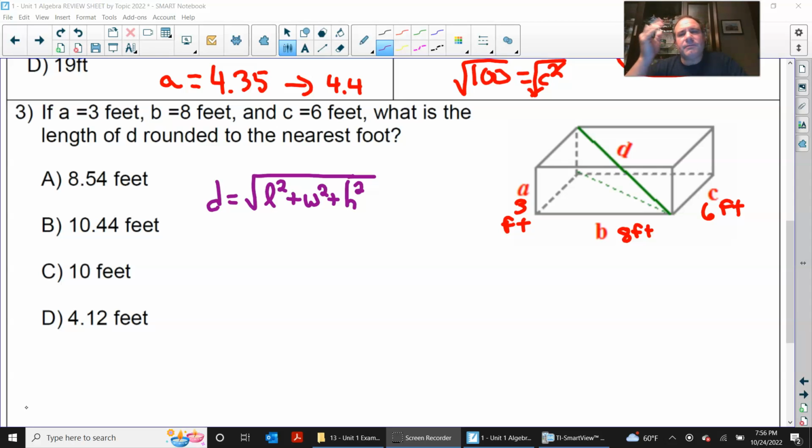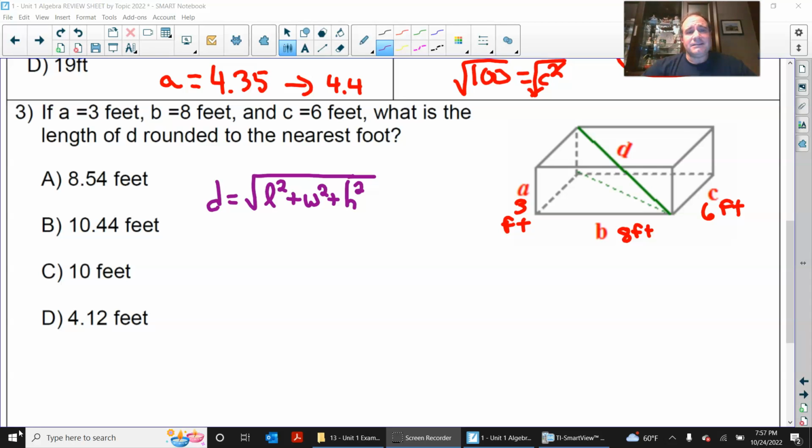Like when we had any kind of rectangle, the basic formula for area of a rectangle would be length times width, whereas the basic formula for volume would be length times width times height.